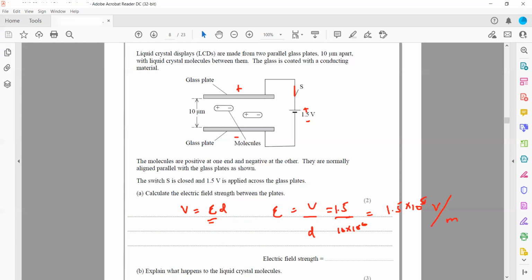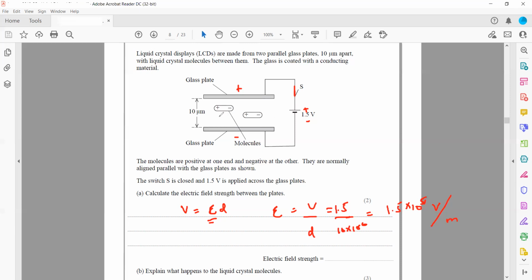Then the second part: what happened to the liquid crystal molecules? As we know, like charges repel and unlike charges attract each other, so they will align according to the external electric field.